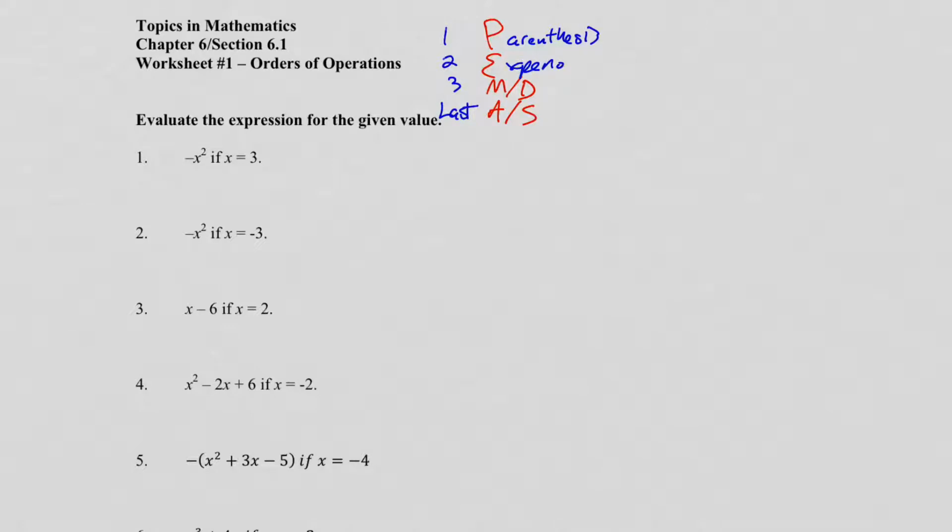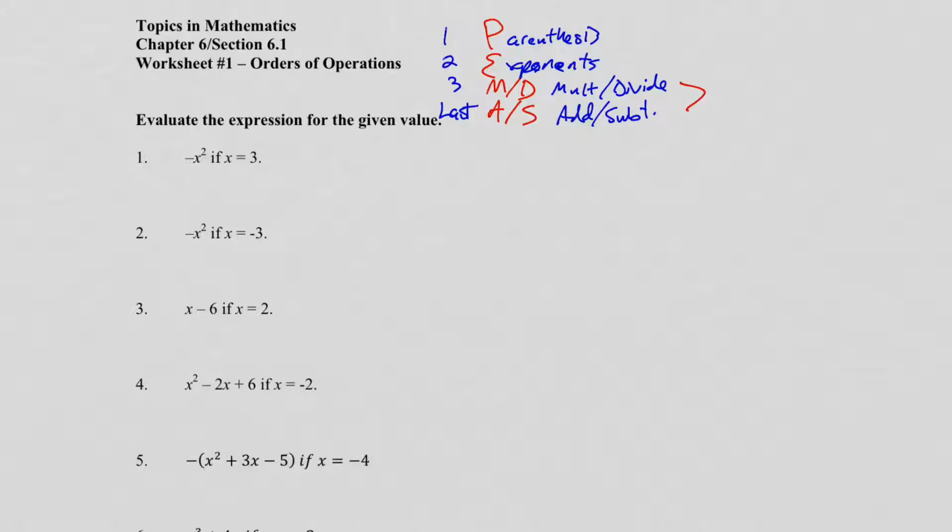Parentheses, exponents, second, multiplication, division, third, and then add, subtract, last. Now these last two orders, the multiplication, division, and the addition and subtraction, they both come in a tie.